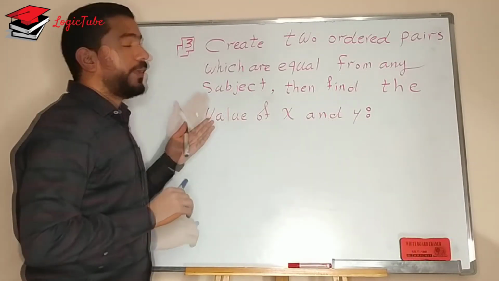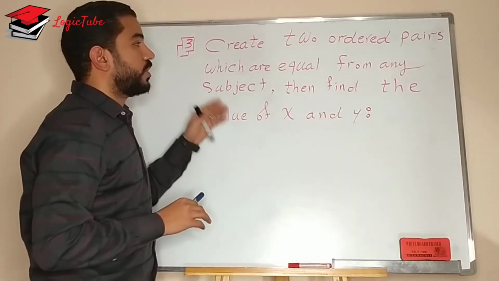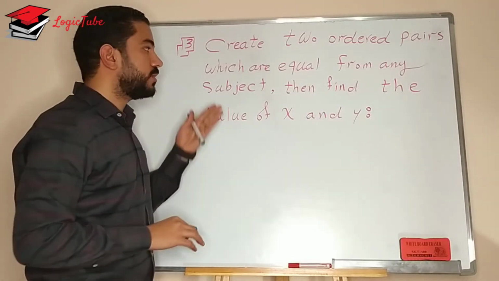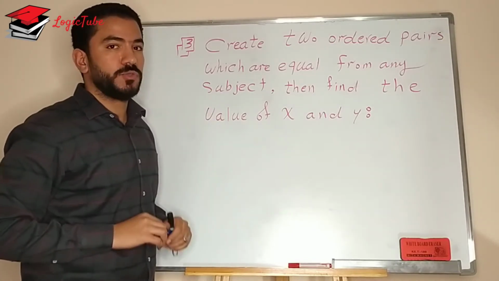Question number 3. Create two ordered pairs which are equal from any subject, then find the value of x and y.